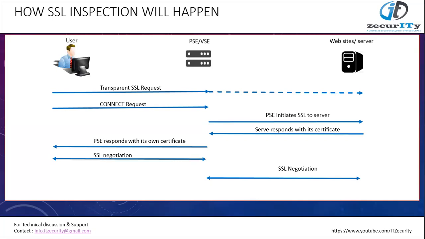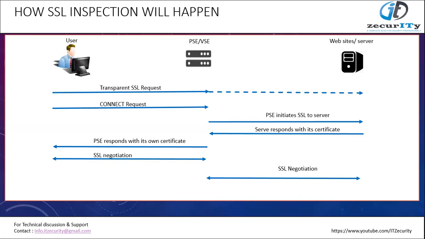When SSL inspection is enabled on Zscaler ZIA service, the PSC will sit between the user and the websites. The user will generate a transparent SSL request or a CONNECT request. Transparent in the case of GRE or IPsec configuration, and CONNECT request if there is any explicit proxy also configured on the user machine.